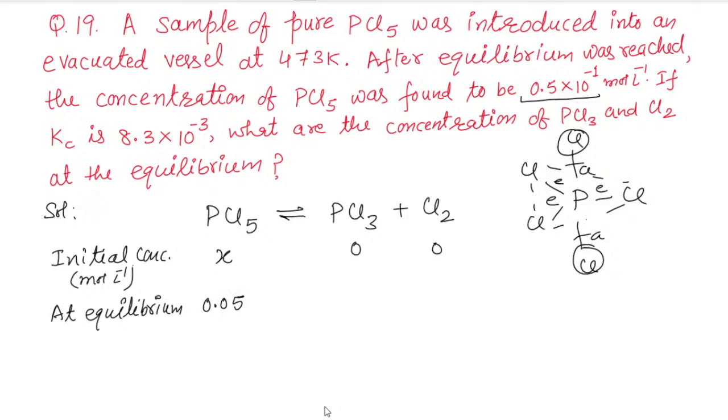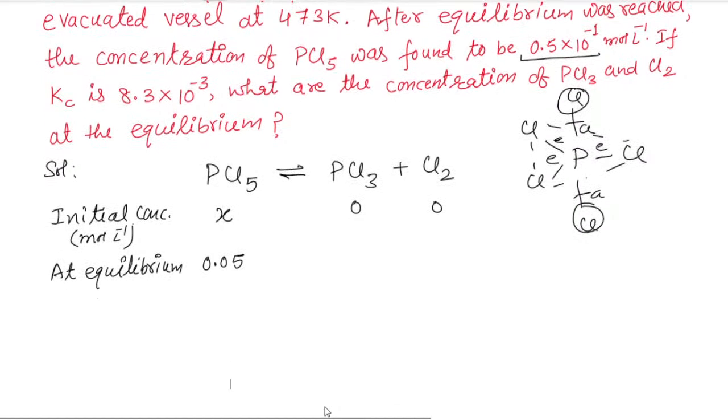That means how many moles of PCl5 decomposed? Yes, question for you. Initial moles are X, and at equilibrium the moles are 0.05. So how many moles of PCl5 are decomposed? Can you tell me?